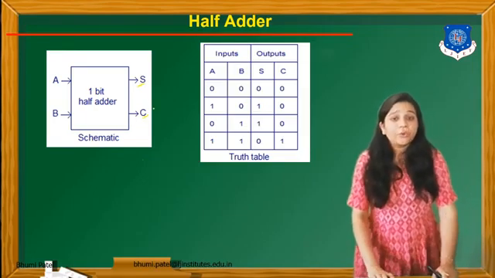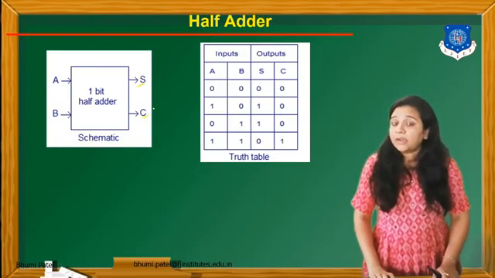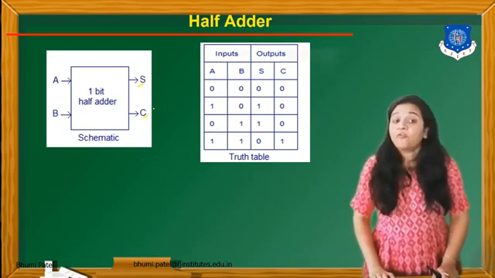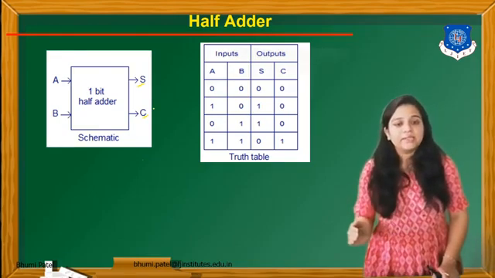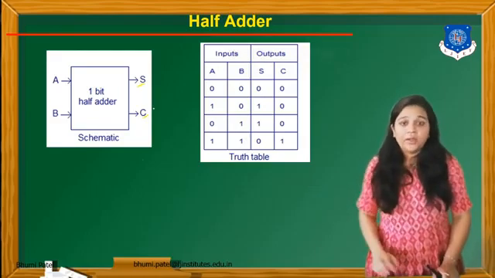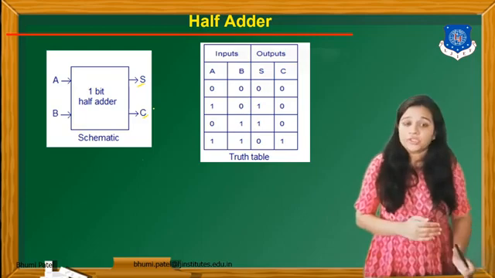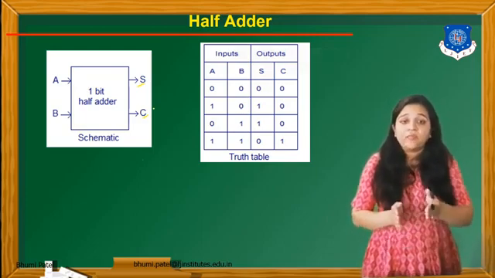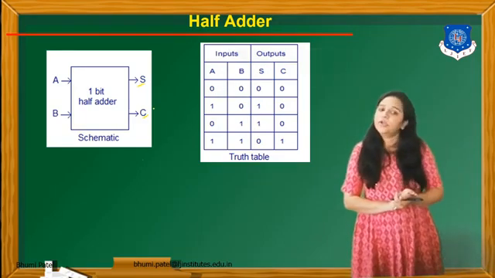Now what is the truth table of the half adder? Here we take the two inputs. How many possibilities are there? There are four possibilities: A 0, B 0; then A high and B low, that is 1 0; then 0 1; and 1 1. Now 0 plus 0, we get sum equal to 0 and carry 0. For 1 0, we get 1 plus 0 equal to 1 and carry equal to 0.